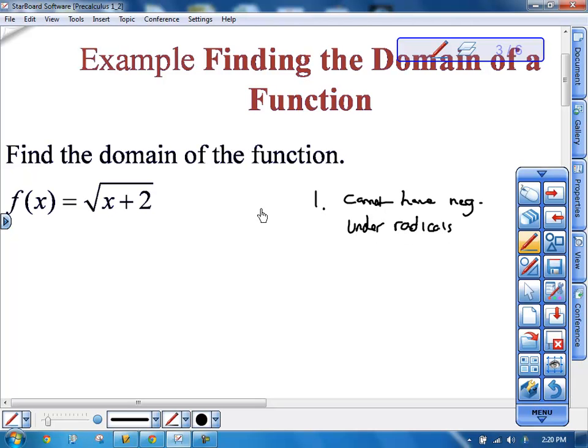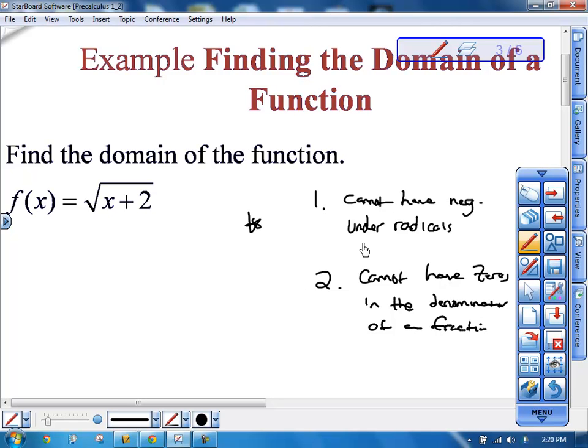Okay, that's super important. These are important things that you have to look out for when you're talking about the domain of a function. Second thing is you cannot have zeros under a fraction or in the denominator of a fraction.